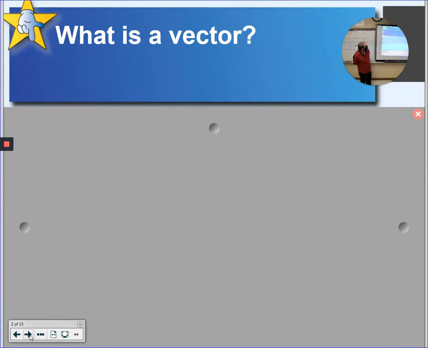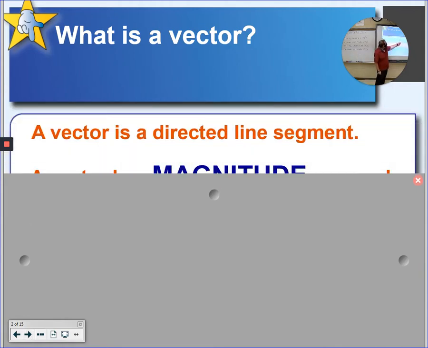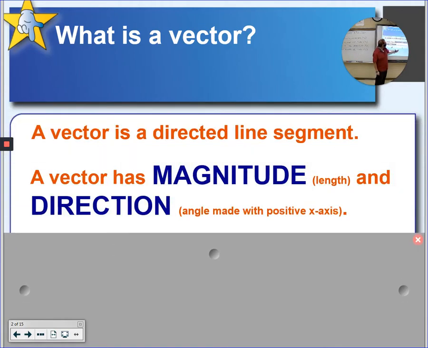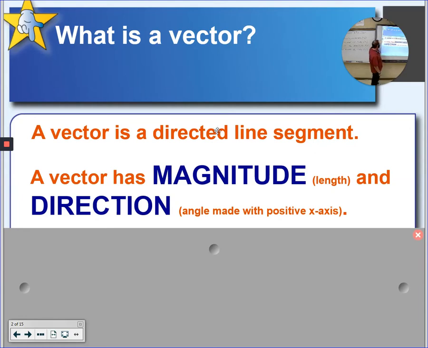First of all, just to recap what a vector is. Can somebody tell me what a vector is? It's a quantity with direction. Quantity with direction. Excellent. Vectors have both direction and magnitude. We represent a vector when graphing it as a line segment with an arrow on it.